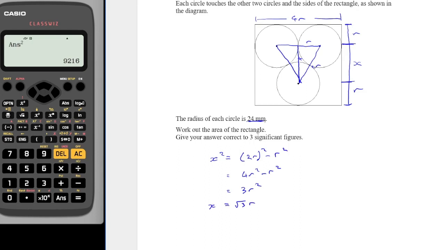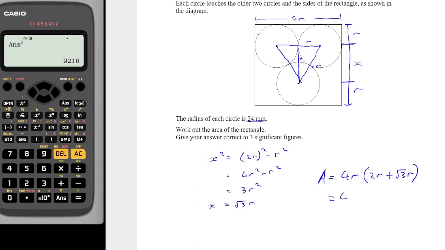Now work out the area of the rectangle. The area of the rectangle is going to be equal to 4 times the radius multiplied by 2r plus root 3 r.